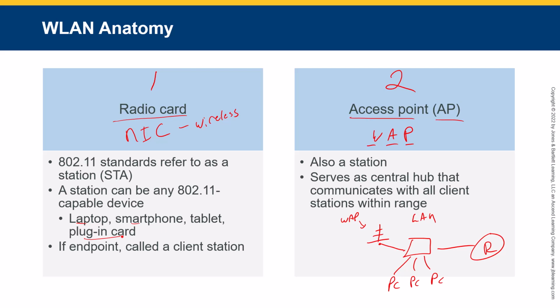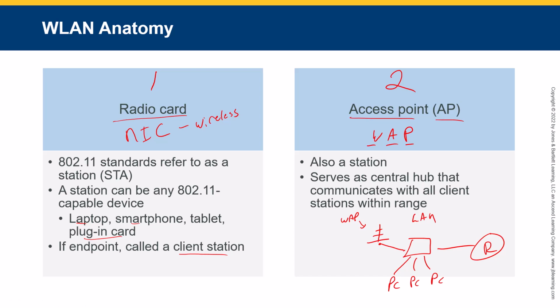Again, this is going to be an end device or client station that will be transmitting and receiving wireless signals to the access point. The device will have to have this radio card or wireless interface card to actually allow for that communication. These are the basic two items that must be there for basic wireless communication to actually exist.